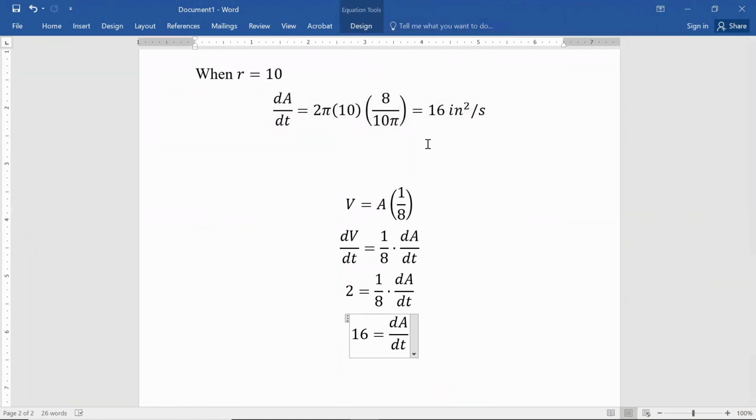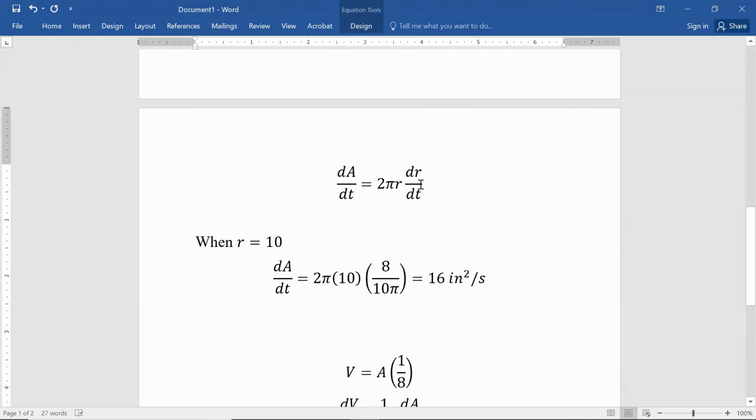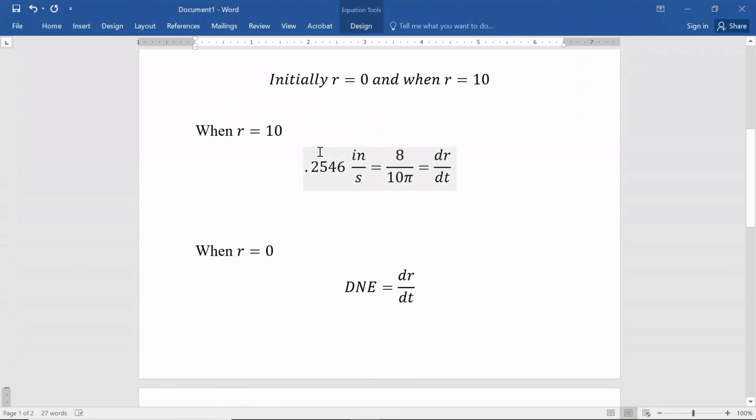By the way, it's not so difficult to talk about initially here or at any radius. So the area is always increasing by 16 square inches per second. But that means different things with respect to the radius.